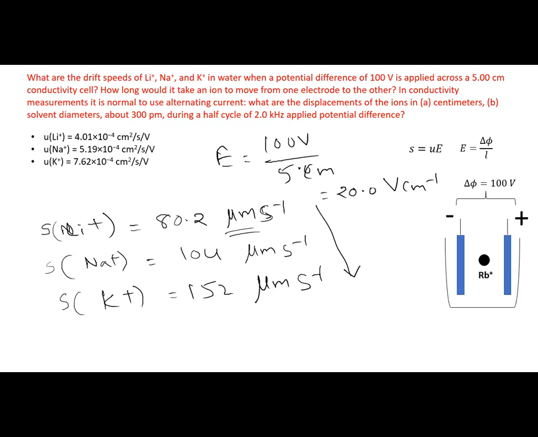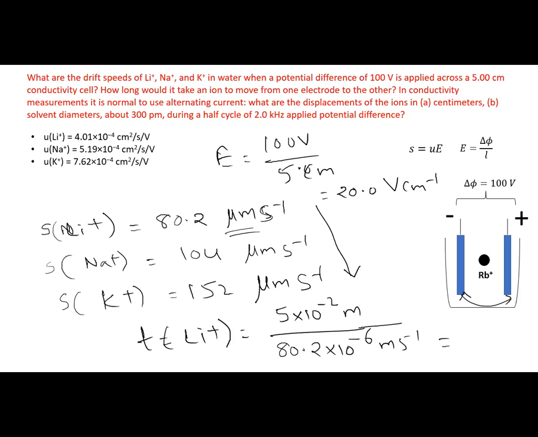So we calculated the drift speed, and we need to find the time it takes to move across the electrodes, going from one electrode to the other. So time is given by the distance divided by the speed. For lithium, the distance is 5 centimeters; let's convert that into meters: 5 times 10 power negative 2 meters divided by the drift speed, 80.2 times 10 power negative 6 meters per second.